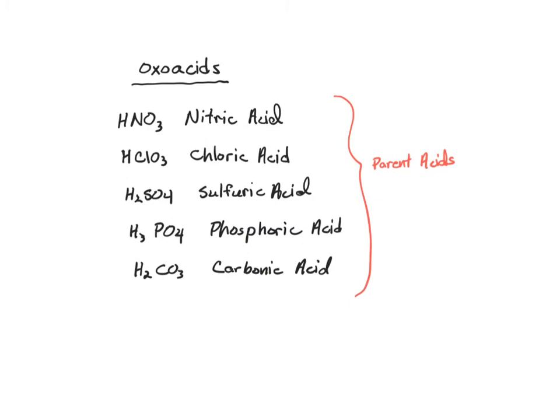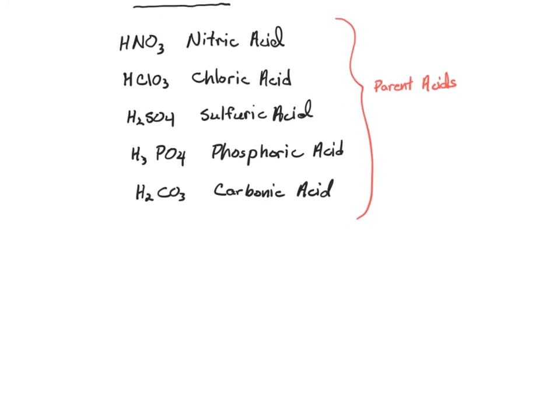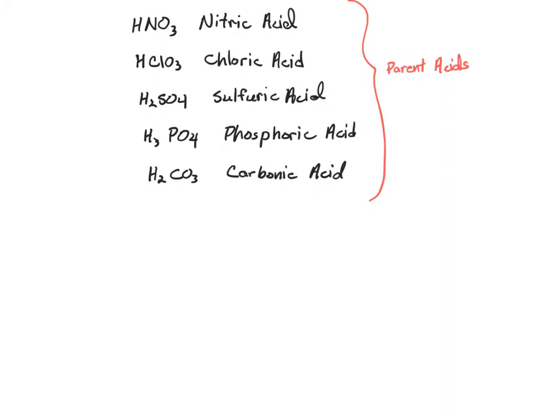The reason I use the term parent acid is because for these acids there are other versions of them that vary in the number of oxygens. So for example, let's take a look at chloric acid. Chloric acid we said was HClO3.